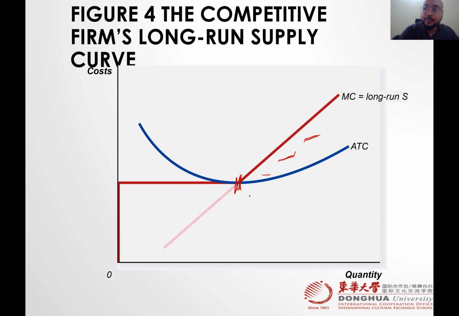See? In the short run, we talk about the average variable cost, but in the long run, we talk only about average total cost. So that part of MC which lies above average total cost is the proxy for the long run supply curve in a competitive market.